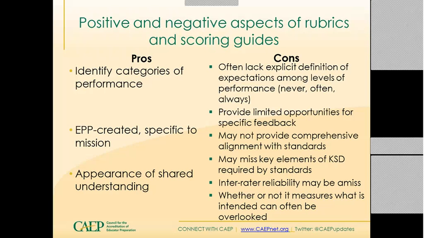First, in identifying the categories of performance, there's often in the scoring guides that CAPE has received a lack of explicit definition of expectations among levels of performance. And we'll be looking at some examples later on in the webinar to show you a way in which a rubric can be a rubric and yet not provide the level of explicit definitions of those expectations, so they become sort of vague.